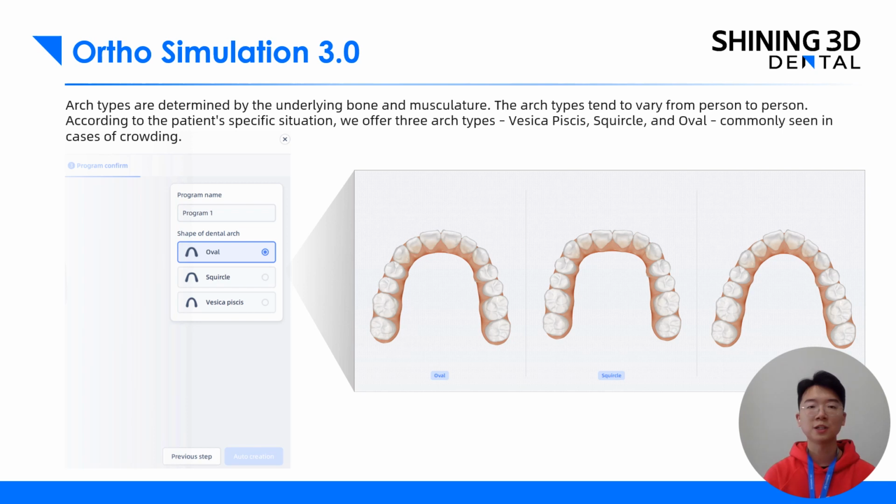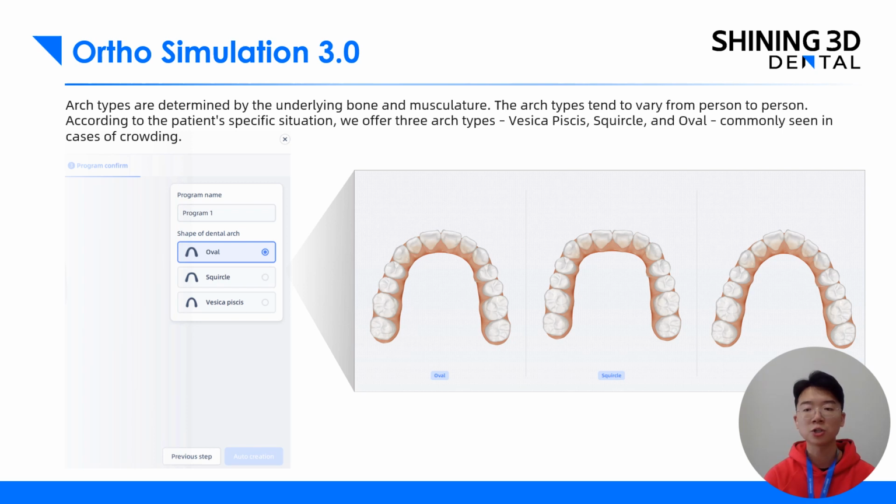For the Ortho Simulation 3.0, we now provide 3 different arch types for the intraoral scan data. Arch types are determined by the underlying bone and musculature. The arch types tend to vary from person to person. According to the patient-specific situation, we offer 3 arch types. So we can use different arch types for better simulation results.